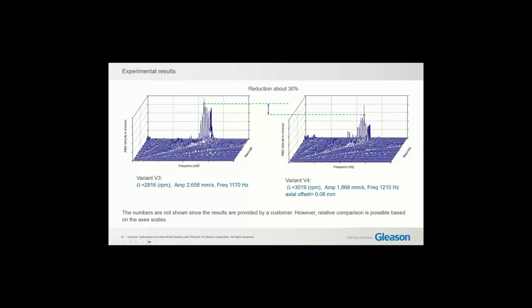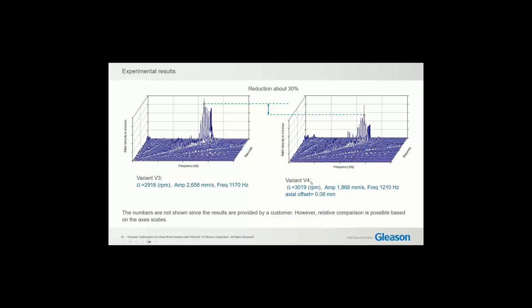So on the left, you see variant 3, and on the right, you see the results of variant 4. For variant 3, they recognize that the highest peak for velocity at that sensor position was detected at this speed, and the amplitude was about 2.6 millimeter per second, and the corresponding frequency was 1170 hertz.